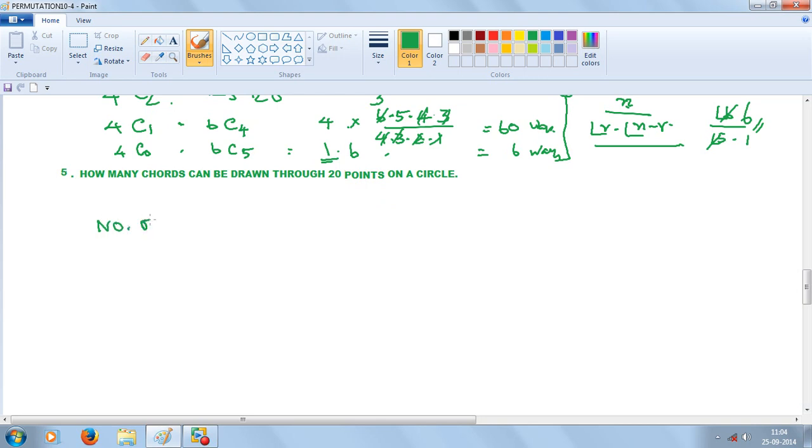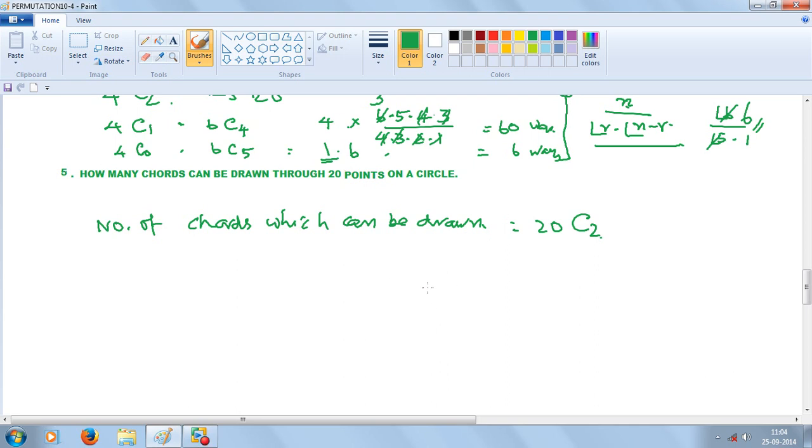The number of chords, each combining 2 points, is equal to 20 combination 2. You have to connect 2 points, so it is 20 combination 2.